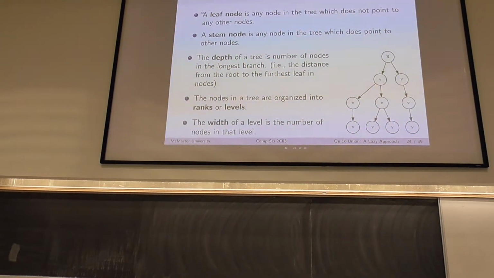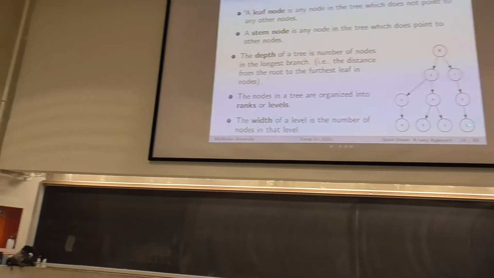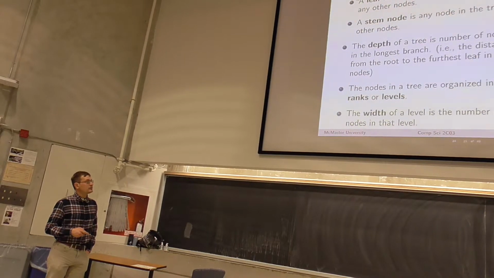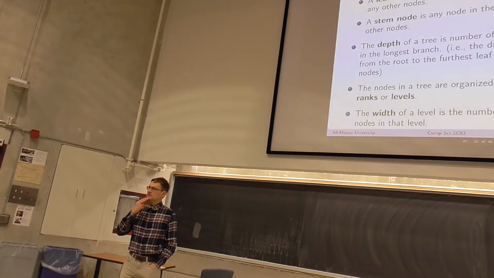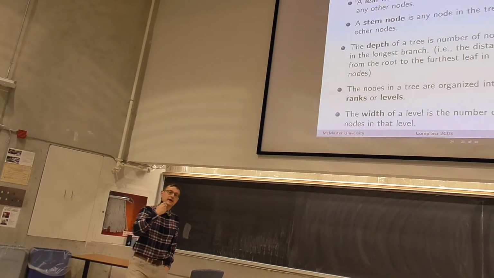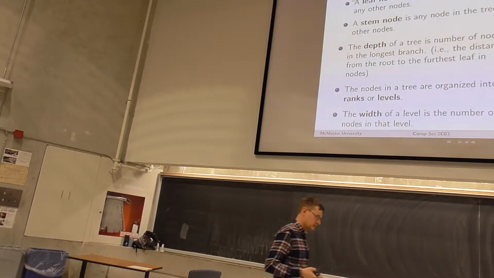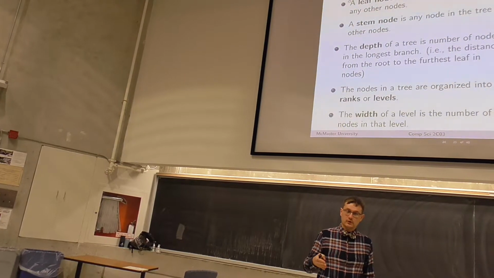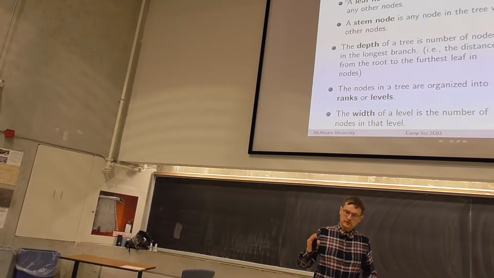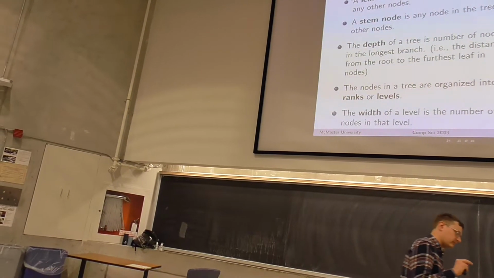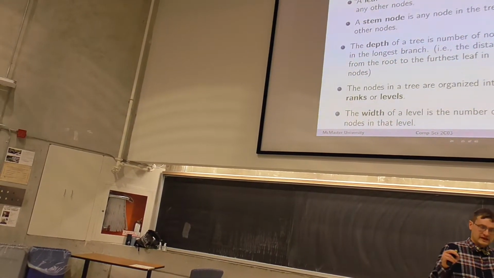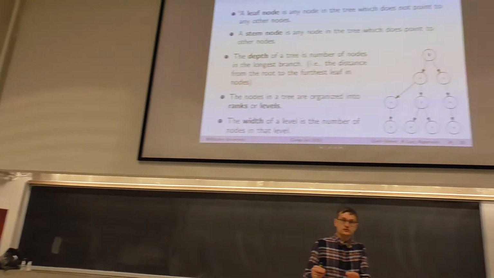The nodes in a tree are organized into ranks or levels, and the width of a level is the number of nodes in that level. This is important nomenclature because we will have algorithms which operate proportionally to the width of ranks in a tree. We will have algorithms which perform based on the total number of nodes in a tree.